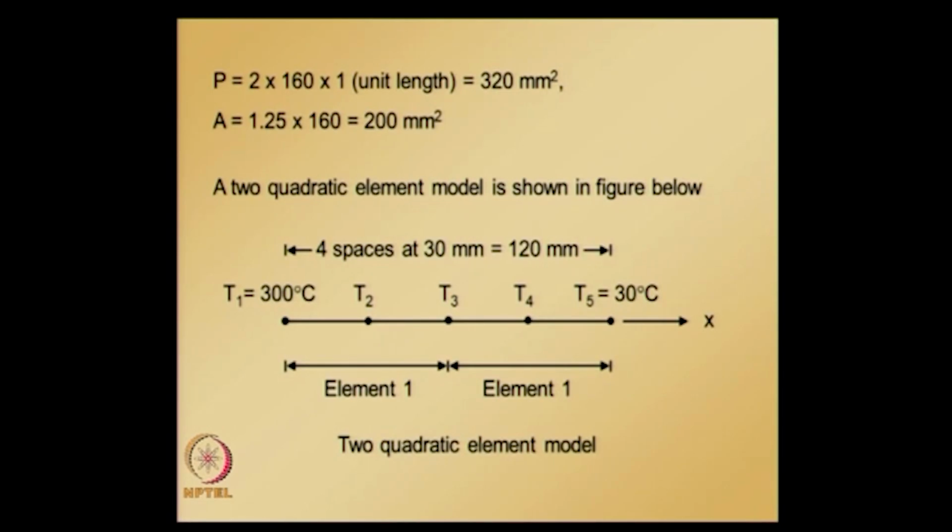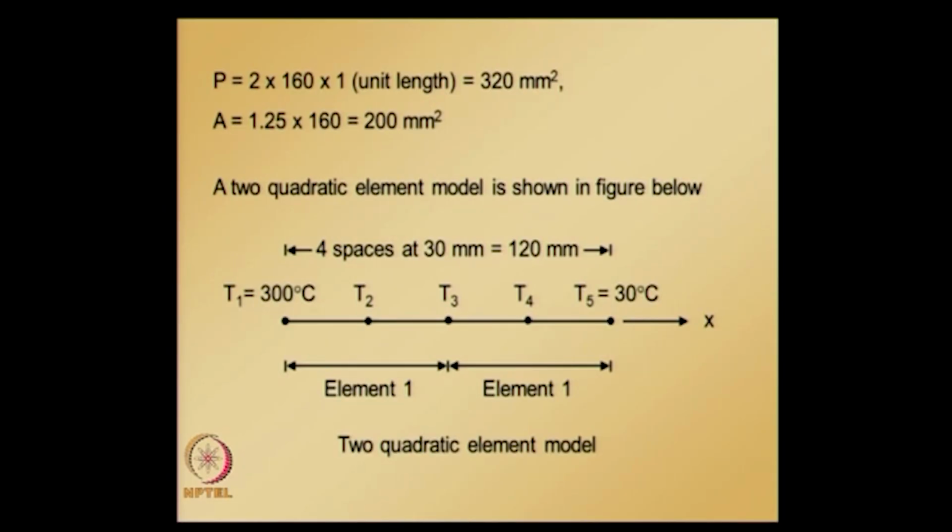Here in the figure there is a typo, it should be 330 degrees centigrade, and for element 1 the nodes are 1, 2 and 3, for element 2 nodes are 3, 4, 5. Again there is a typo, it should be element 2, it is printed as element 1. The ambient temperature is given as 30 degrees centigrade.